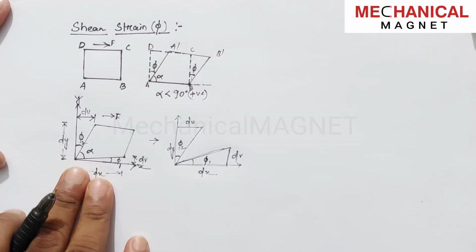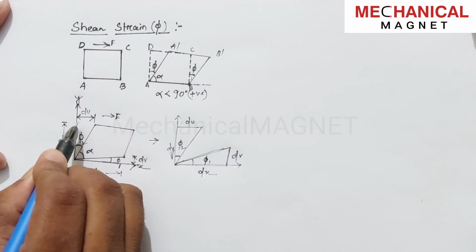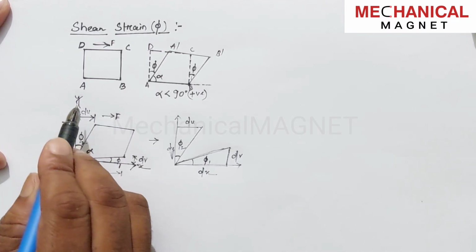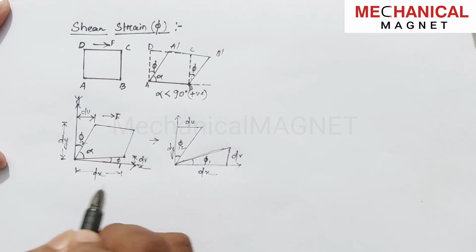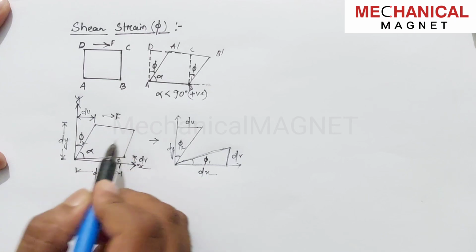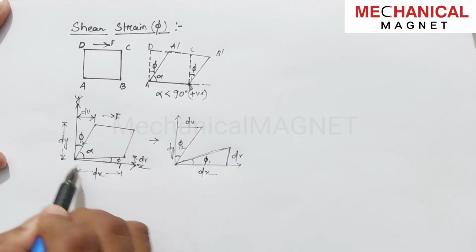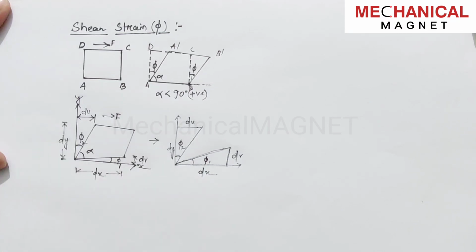In this figure, along the x-axis the change that occurs is du, and along the y-axis the change is dv. So du is with respect to the x-axis and dv is the change along the y-axis.